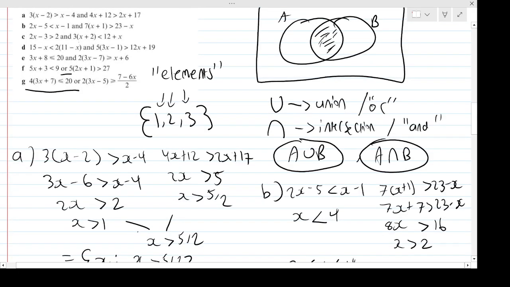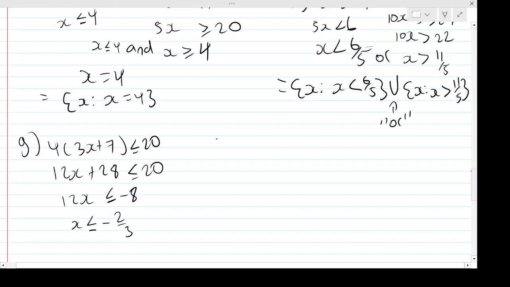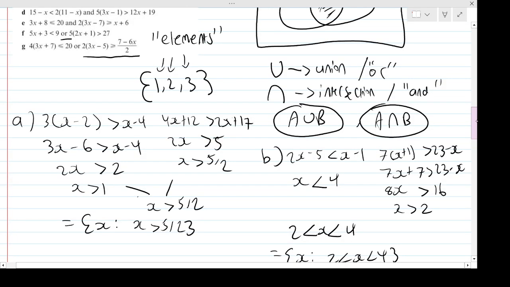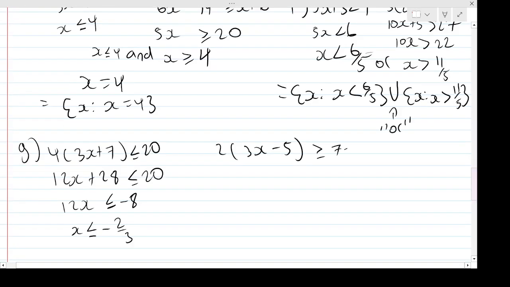And then we have this other inequality, or 2 lots of 3x minus 5 has to be greater than or equal to 7 minus 6x over 2. So firstly, let's expand this. The left side is 6x minus 10, greater than or equal to 7 minus 6x over 2.